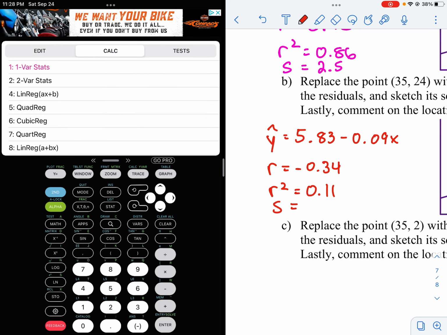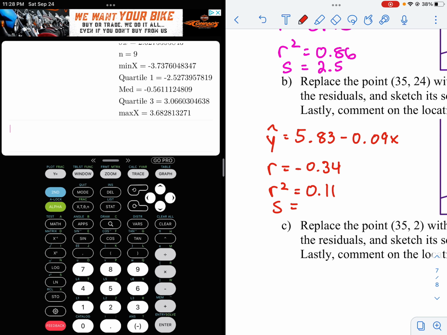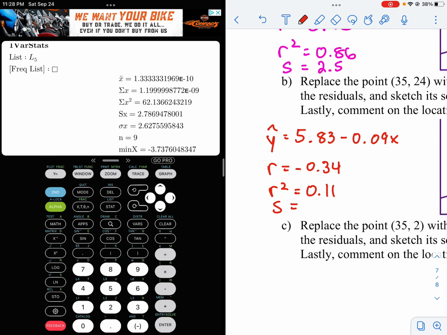And then stat, one variable stats. Standard deviation of the residuals, 2.79.